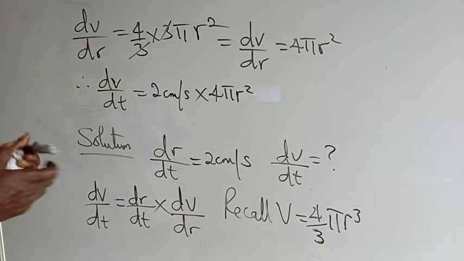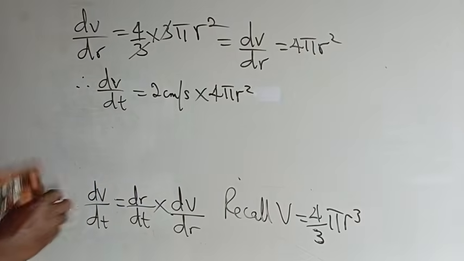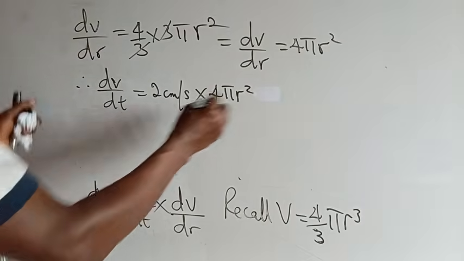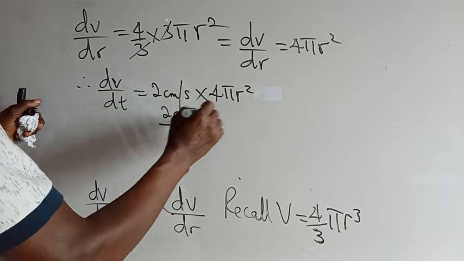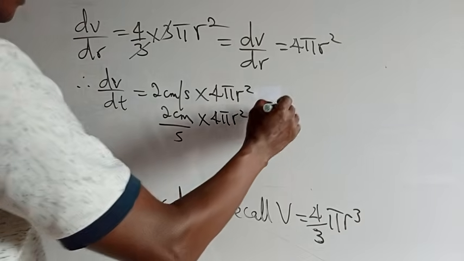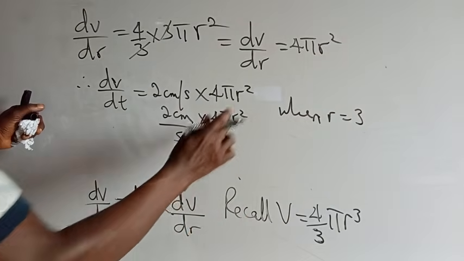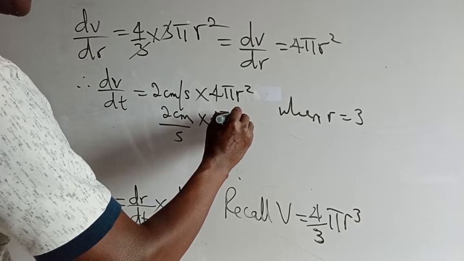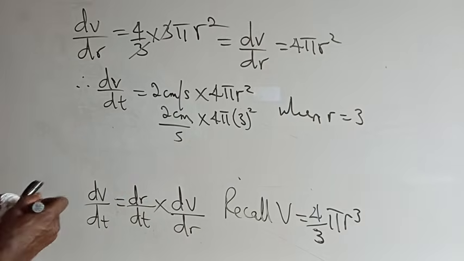When you multiply this, it's 2 centimeters per second times 4 pi r squared. And when r is 3, as we are told in the question, that means we use 3 squared.